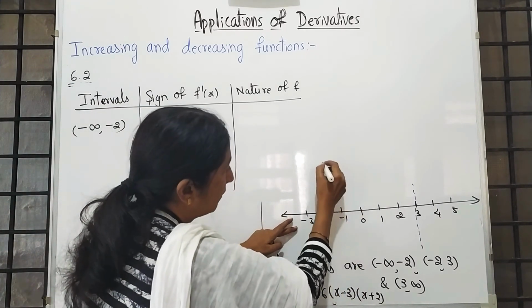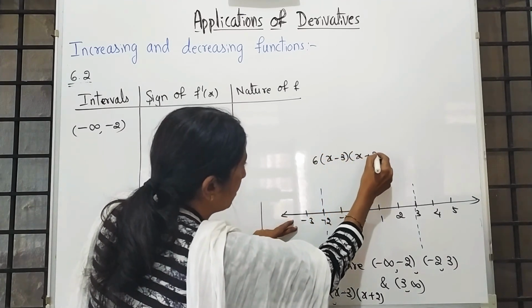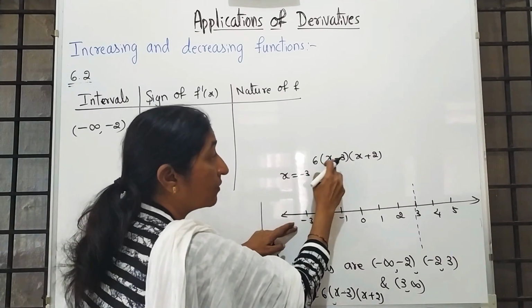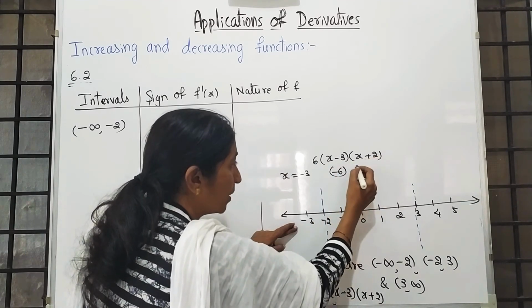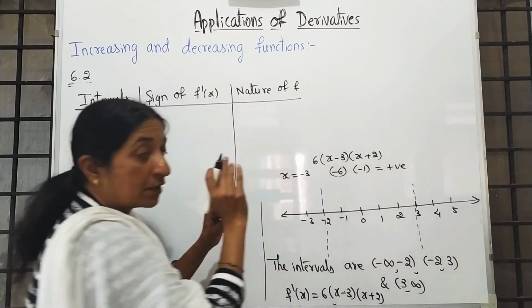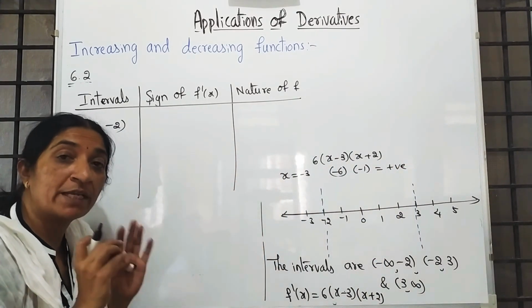If you write x is equal to minus 3, then minus 3 minus 3 is minus 6, minus 3 plus 2 is minus 1, minus into minus is plus. See only the sign, not the values. Remember, we want only the sign.